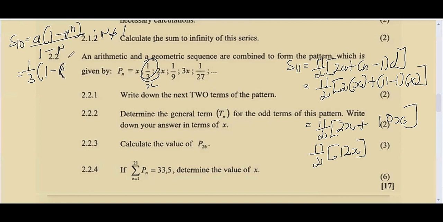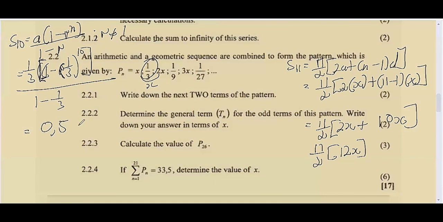We said again it's 1 over 3, to the exponent of 10, because remember, for the geometric we have 10 terms. Then this would be over 1 minus 1 over 3. If we punch all that in your calculator, it is supposed to give you 0.5.